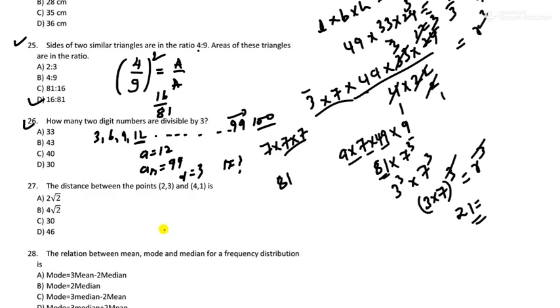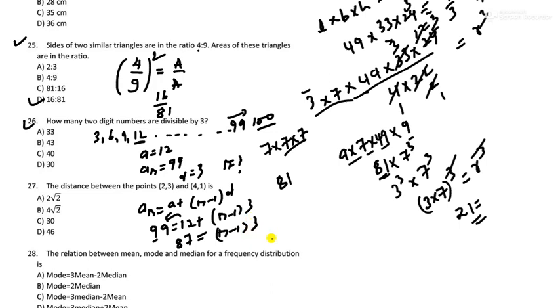So you have to use this formula. Which one? An is equal to a plus n minus 1 into d. So an is 99, which is equal to 12 plus n minus 1, we don't know n, d is 3. So when we solve this, on the left side 99 minus 12 is 87, which is equal to n minus 1 into 3.